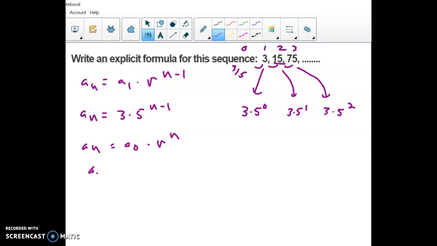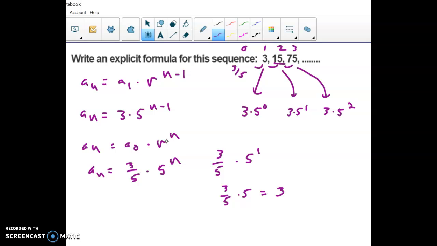If we write it this way, we can say a sub n is 3/5, the 0 term, multiplied by 5 to the n power. If we thought about this 3 using this other formula with n equal 1, we'd have 3/5 times 5 to the first power. That would work out right because the first term should still be 3. So 3/5 times 5 once would just be 3.